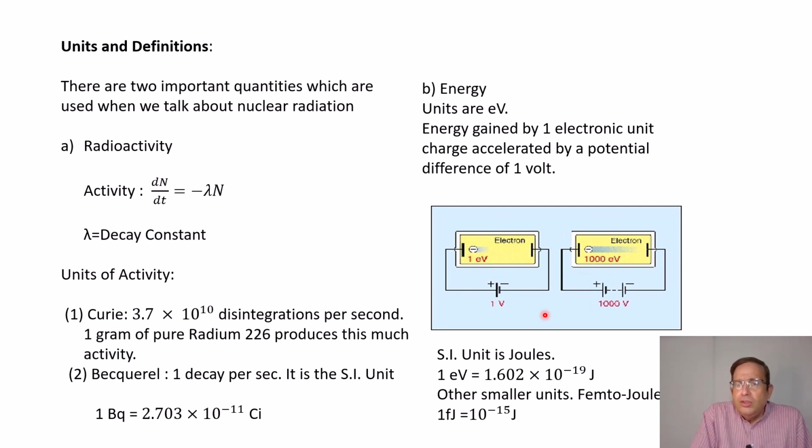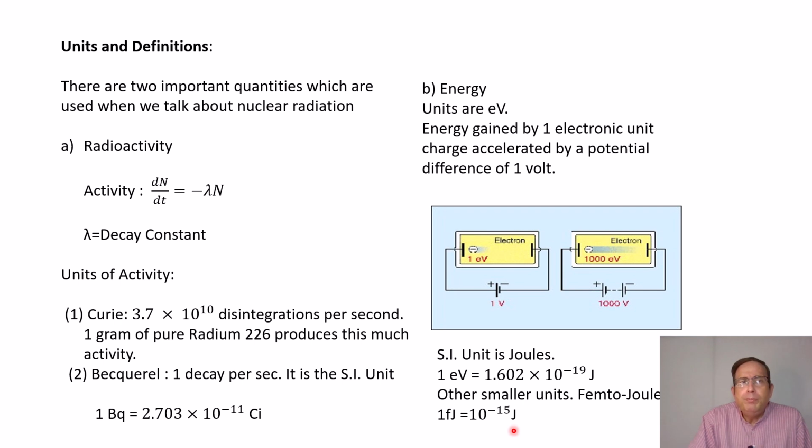So you have to use smaller units like electron volts, and 1 electron volt turns out to be equal to 1.602 into 10 raised to the power minus 19 joules. And other smaller units like femtojoules can also be used, and a femto means a factor of 10 raised to the power minus 15. So a femtojoule means 10 raised to the power minus 15 joules.